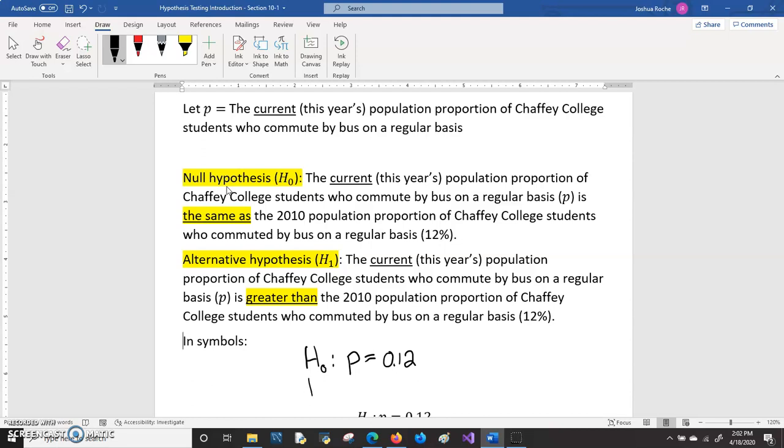The alternative hypothesis, which we'll symbolize as H1, so we'll put H1 colon, is that the proportion today is greater than the proportion in 2010. We could write that as the proportion today, P, is greater than the proportion in 2010, which was 12%.